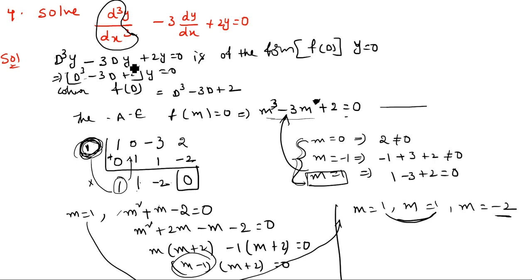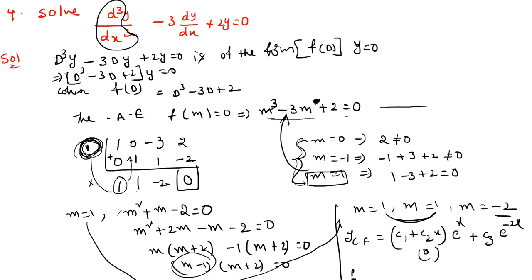As I told you, this is a third order differential equation, so we compulsorily get 3 roots. Now 1, 1 is repeated 2 times. So how to write the complementary function? For 1, 1 we have c1 plus c2x into e power x, plus c3 into e power minus 2x.